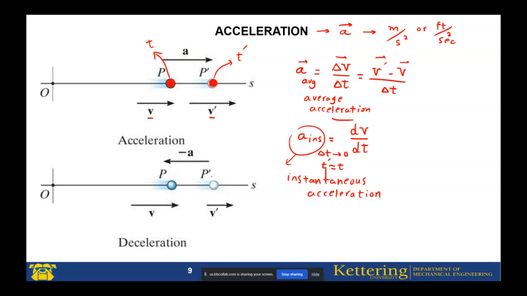Also, if you find this a average, or average acceleration, or a instantaneous, as a negative number, this is called deceleration.